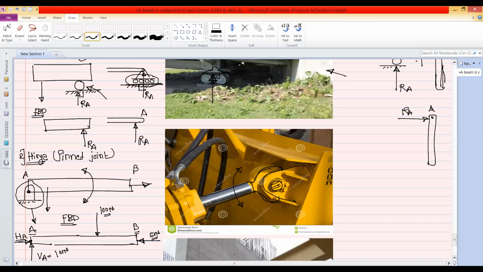But we cannot remove this link from this part. So it will offer two reactions. This is the first reaction, which is the vertical reaction, and the second reaction is the horizontal reaction. So this is HA. Okay, so this is the practical application of the hinge joint.